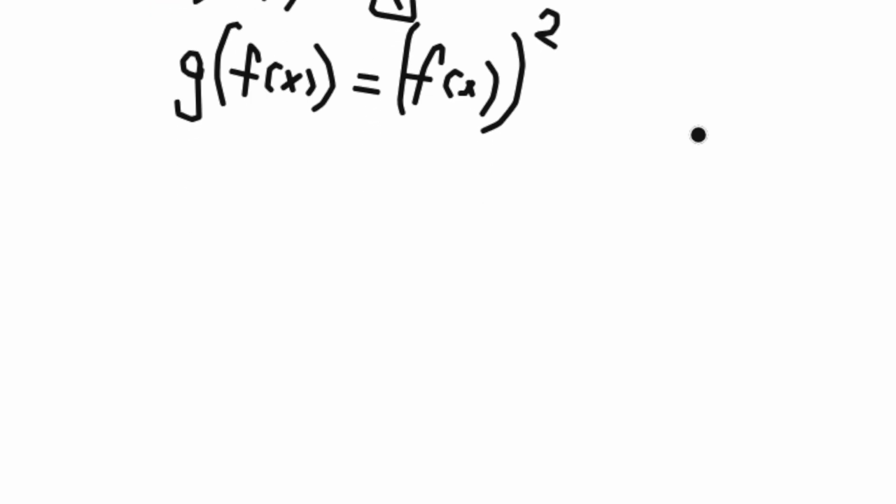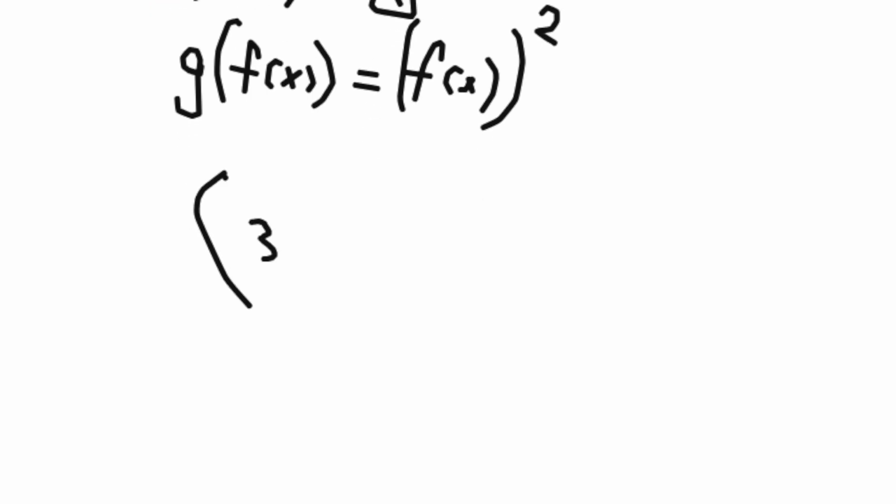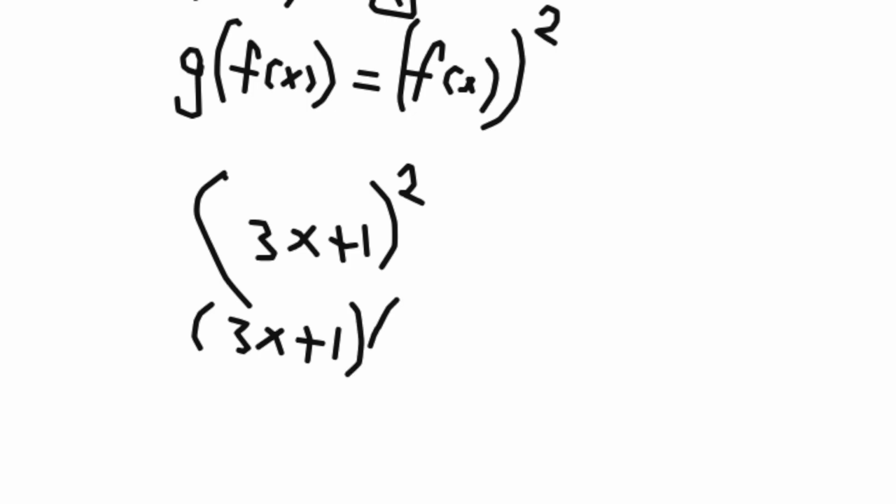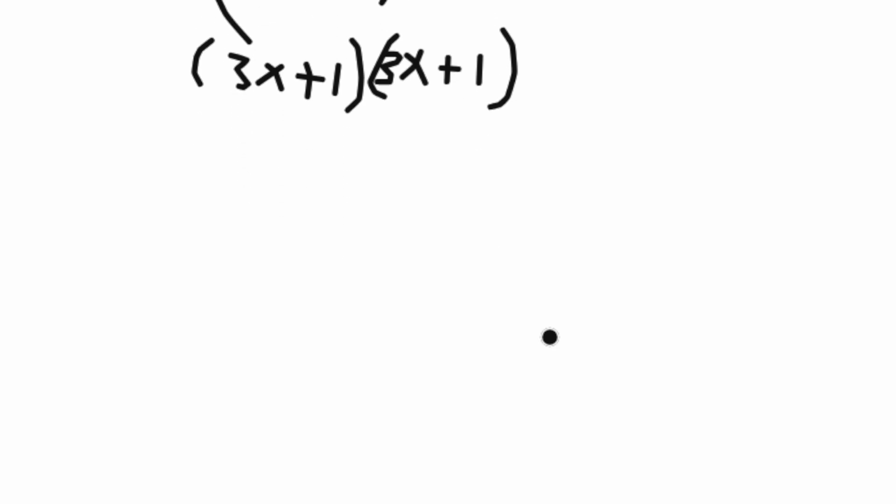So what's f of x? F of x is 3x plus 1. And then squared. That's very good. Then we need to expand these brackets. It's going to be 3x plus 1 times 3x plus 1. How do we do this? Do you know how to expand double brackets?